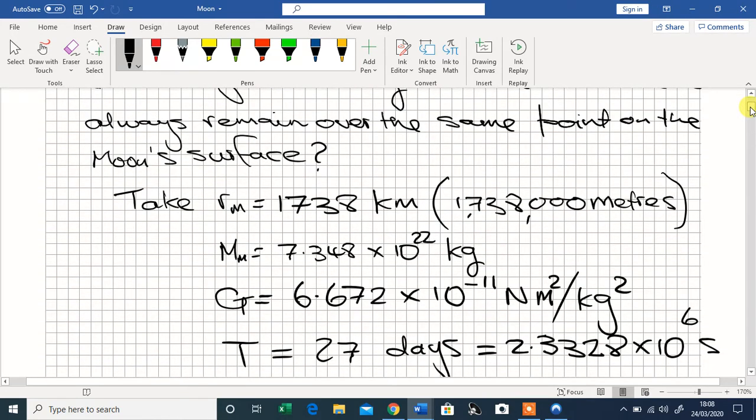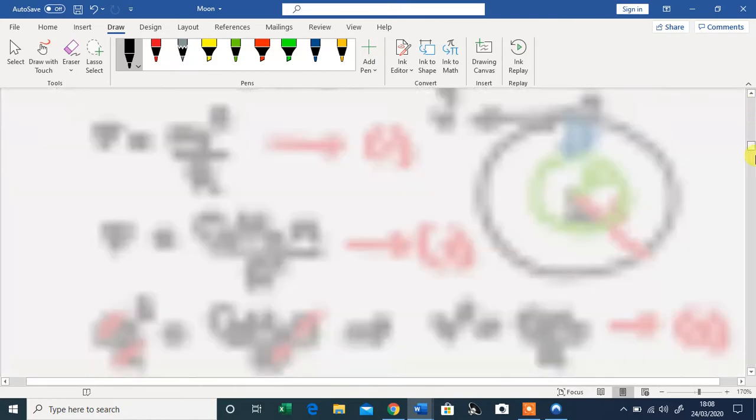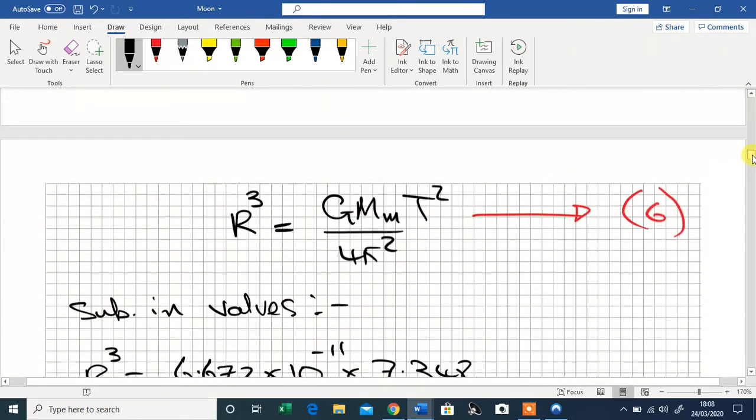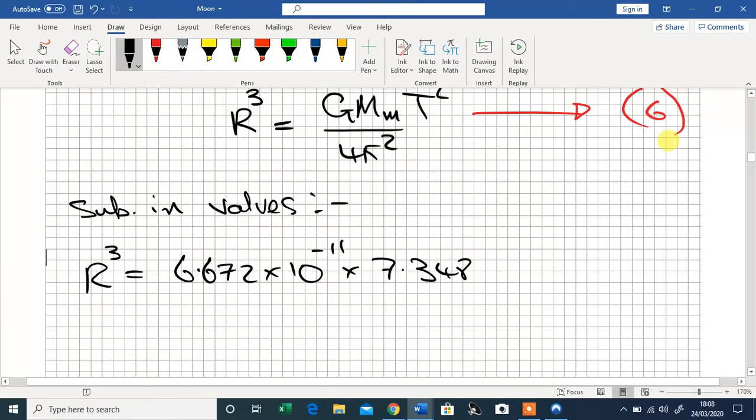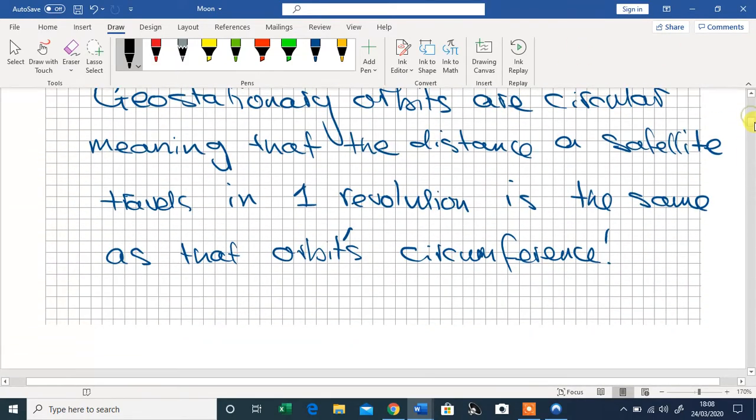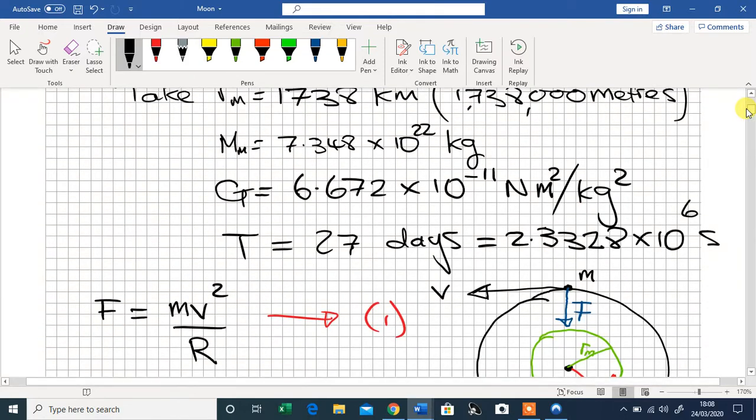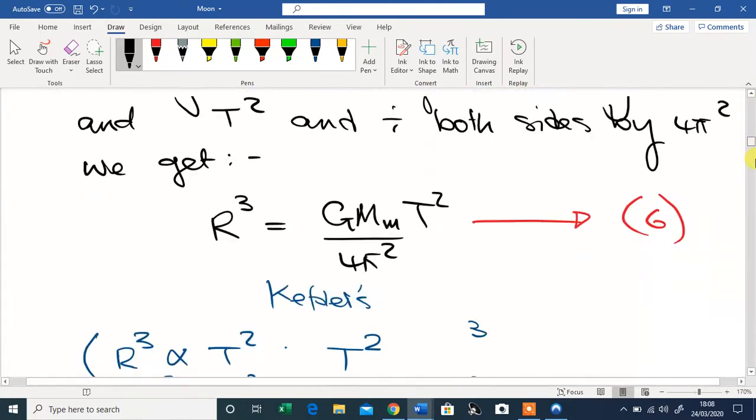Yeah, 7.348 times 10 to the 22 times t squared. And what is t? Well, it's 2.3328. Remember that, 3328.